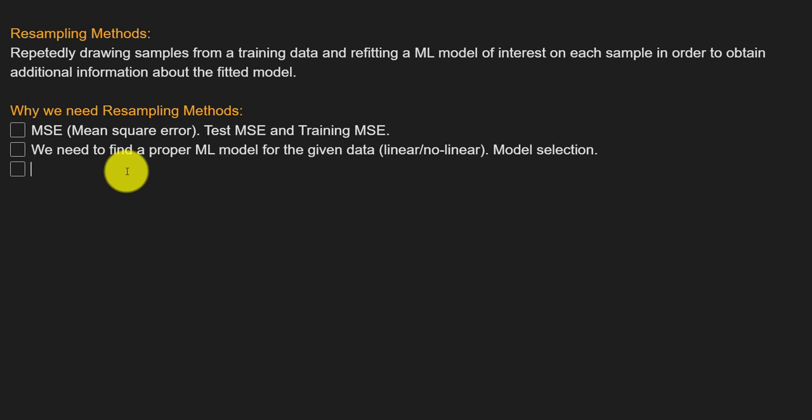So in those scenarios, we need to control the decision tree growing. There are various methods we will be seeing in future videos as well, like random forest, bagging, boosting. Those are heavily influenced by the resampling methods. That means resampling methods basically act as a base for those kinds of algorithms.